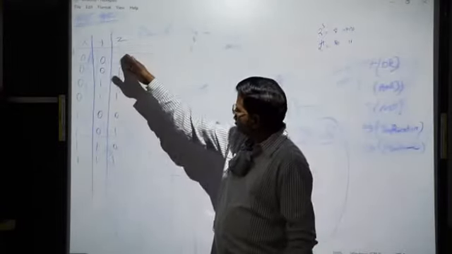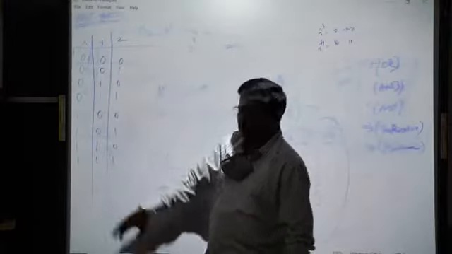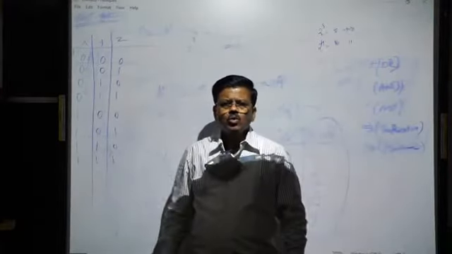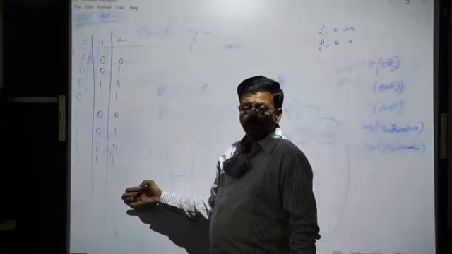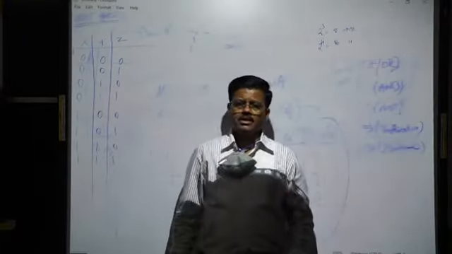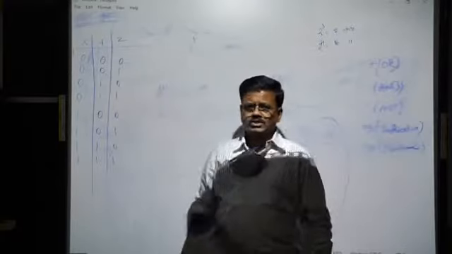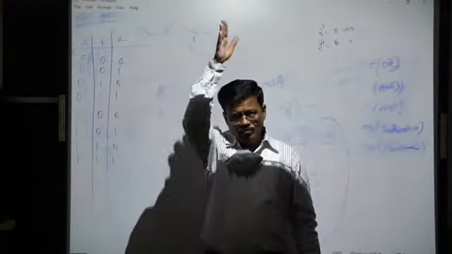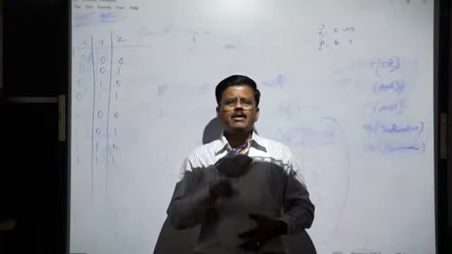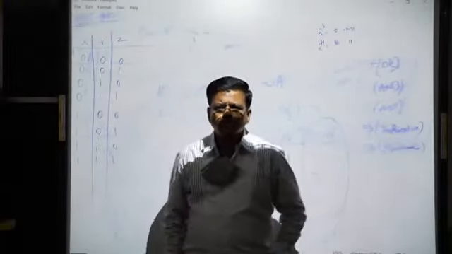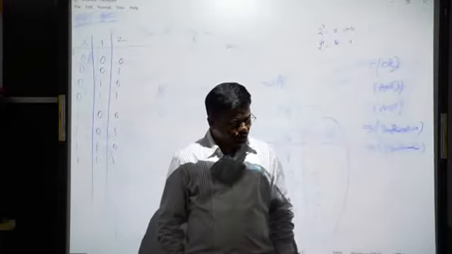Tautology means in the entire column, if you have all 1s, do you have a combination of zeros and ones? That can be a possibility. All the 8 ones can be there. If all the columns in a truth table happen to be 1, it is known as tautology.